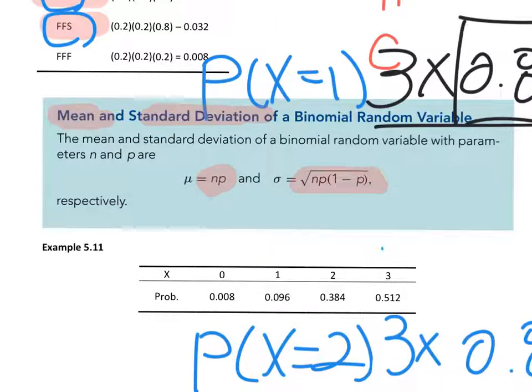Let me ask you. Then what will n times p times 1 minus p be without the square root? Before, when we applied only 5 steps, it was the variance. Do you remember that? The variance? Yes, in chapter 3 we had statistics for variation: variance, standard deviation, and the range. So without the square root, simply n times p times 1 minus p will be the variance.